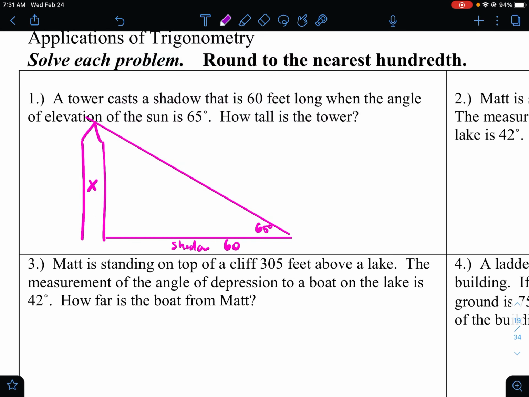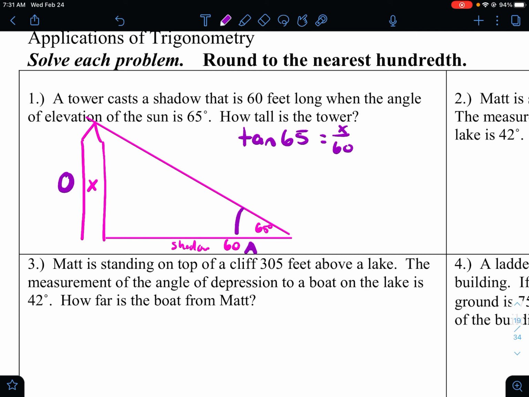So, if this is our angle, we have opposite, and we have adjacent. So, we're going to use tangent. We just do tangent of 65 equals, and then we've got our opposite, which is what we're solving for, over our adjacent, which is 60.